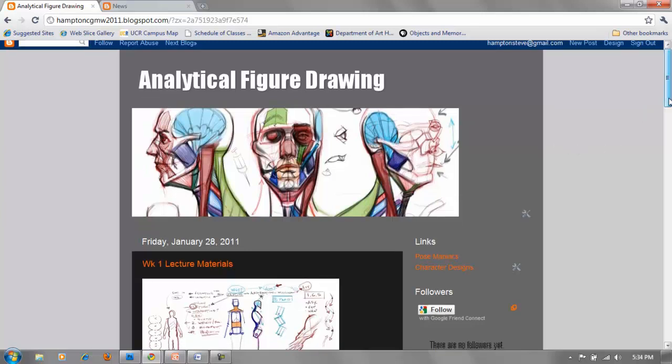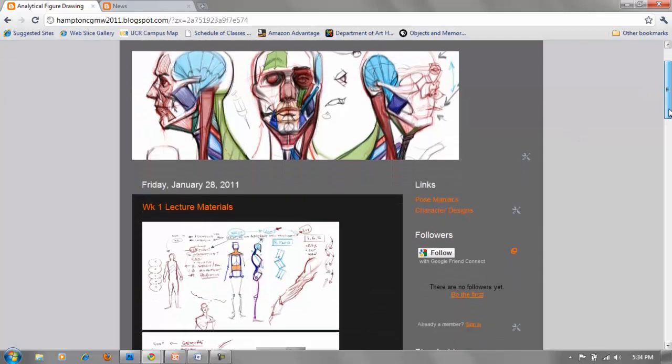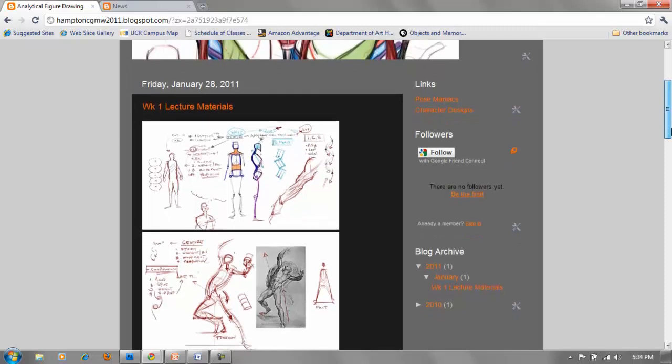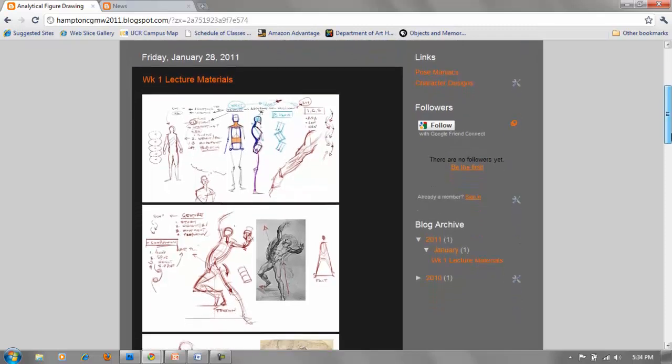It'll only be you as students, or your fellow students in this course. I hope that you treat it as a community, a place where you can post your work, critique each other, or comment on one another's work. Just a place to build a community. I know that the CGMW websites will also offer that as an opportunity. This is just one more.